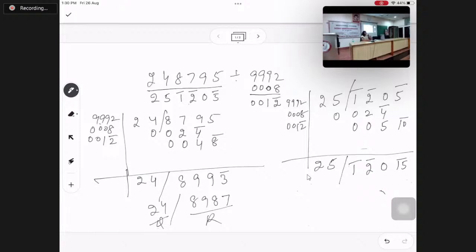Okay. Yes, this 0 is done. 2 bar is 0. 5 minus 4 is 1. This is 1. Okay, so basically we are getting 1, 0, 1 and 15 bar. So this is 1 bar and we take it to the next. It is basically 1, 0, 0, 5 bar.